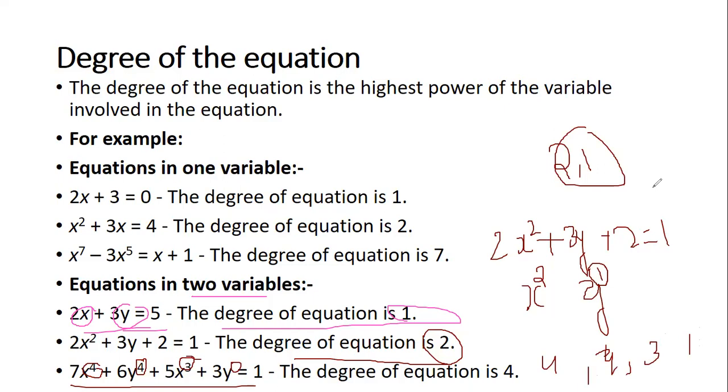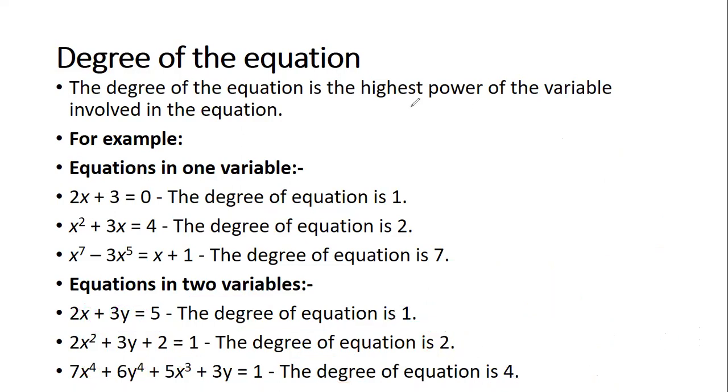Everybody agrees? So the highest power of the variable is 4. So this is your degree of the equation. This is very, very important and a basic concept, because every now and then in the problems also you will have such options.